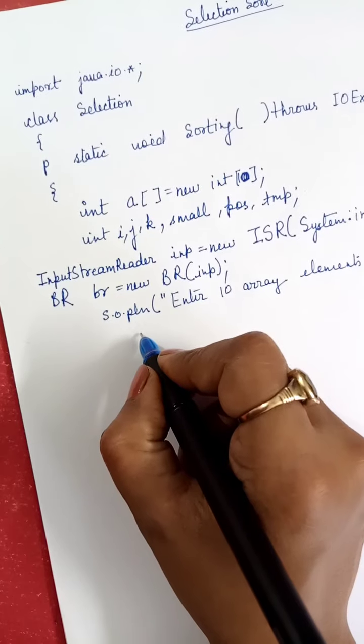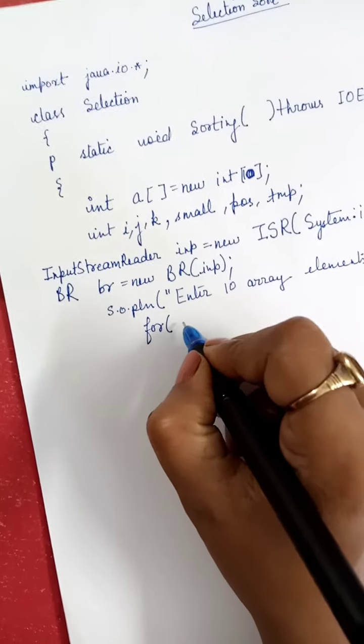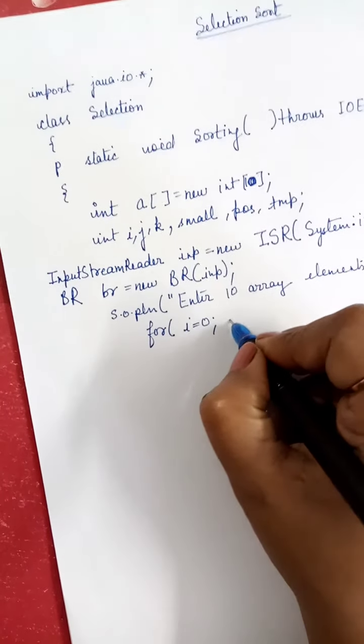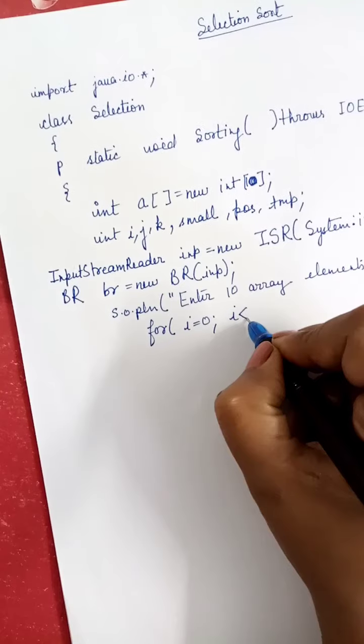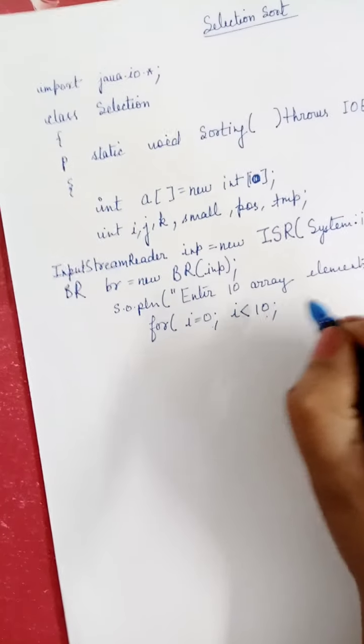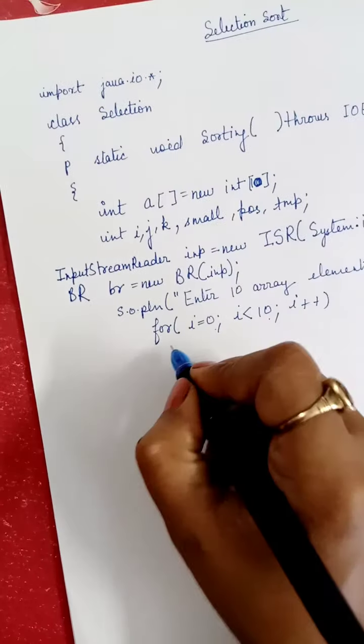Now we have to read 10 integers, so I am using a for loop for that. i equals 0, size is 10, so less than 10. From 0 we are starting, so less than 10 means from 0 to 9, i plus plus.